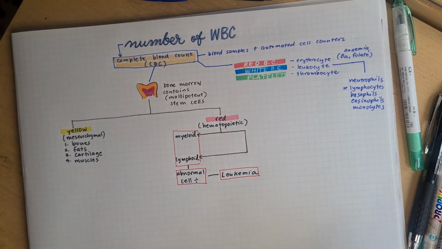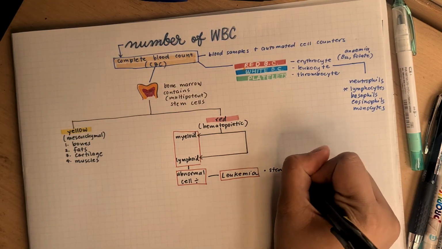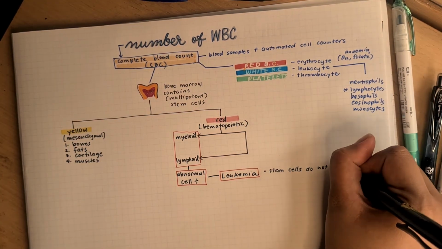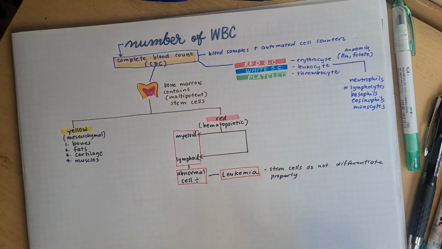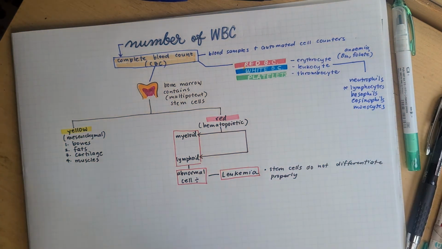So in leukemia, stem cells do not differentiate properly. So a person can have very low red blood cells, which will result in anemia, or they can have excessive bleeding afterwards.